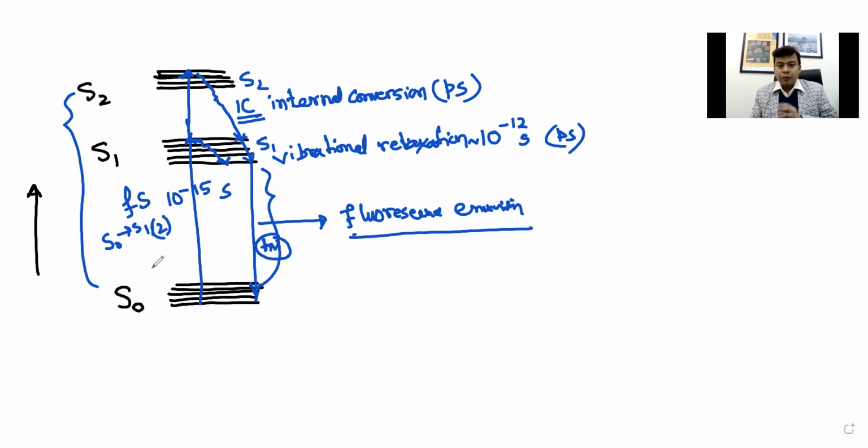In absorption, you might have used this or the energy gap corresponding to this. Because of vibrational relaxation, there will be a little bit of shift in the fluorescence spectrum as compared to the absorption spectrum.